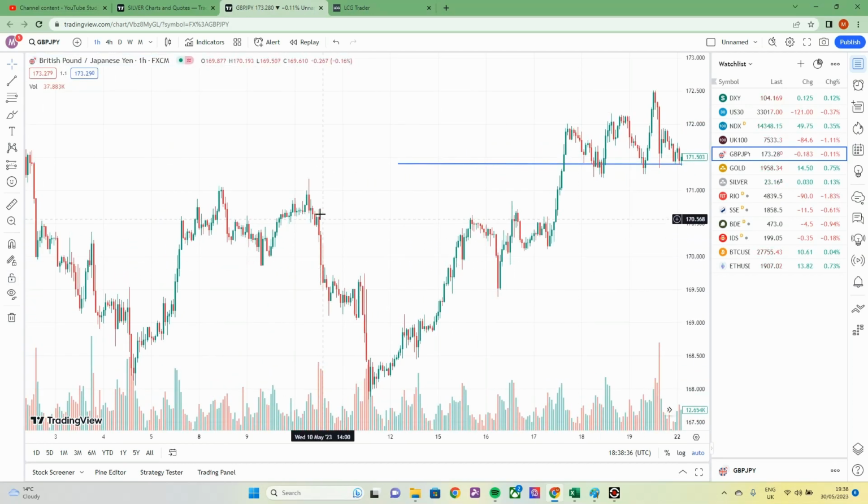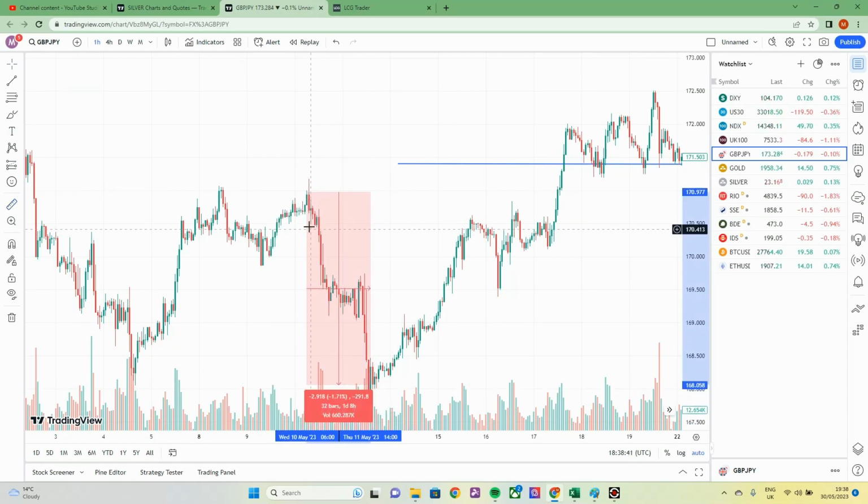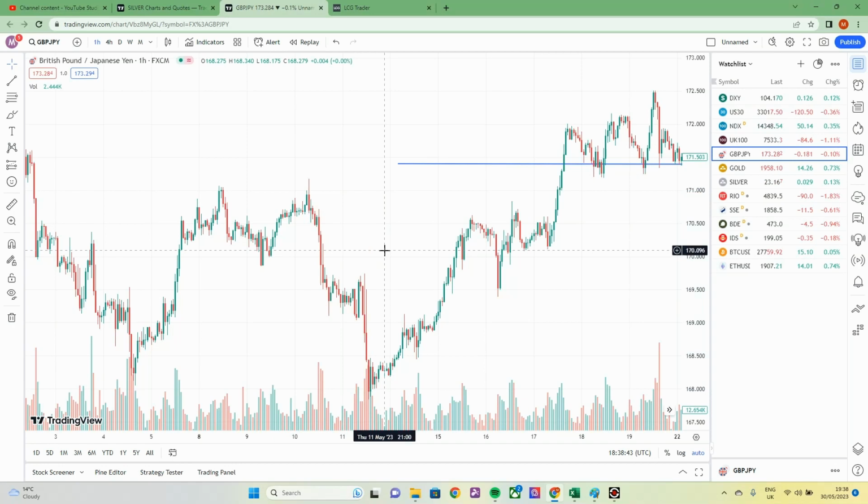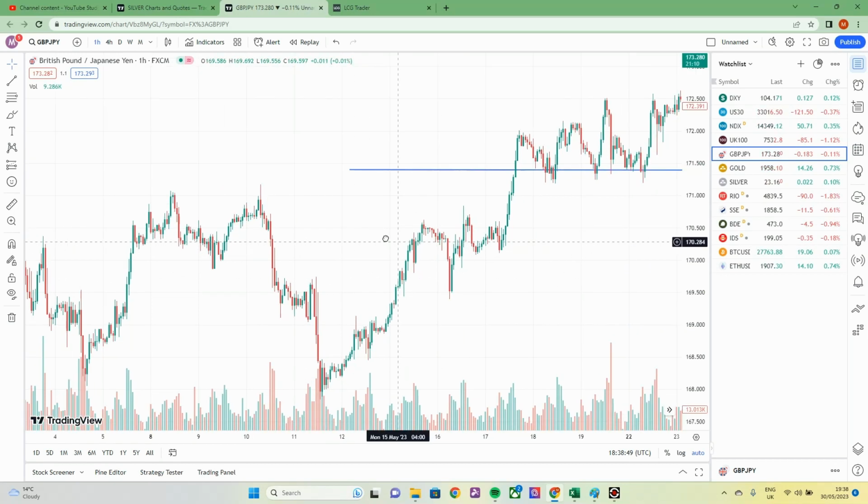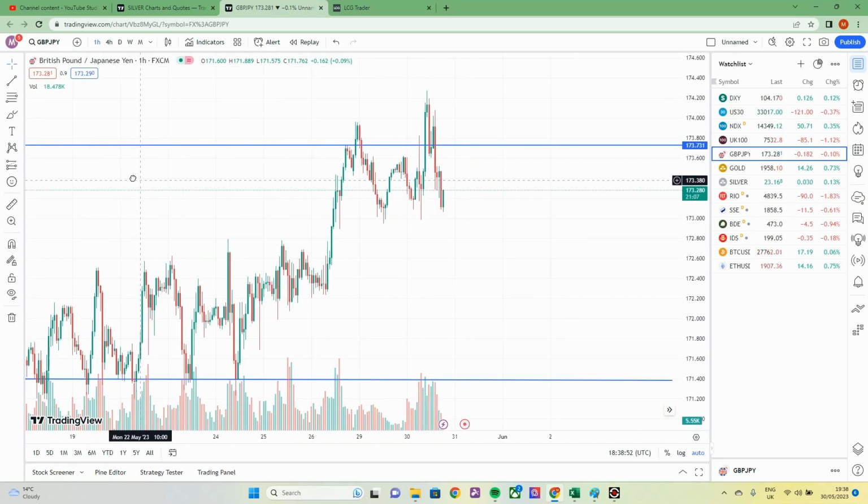The other one would be from here to here, and that is bearish. That means the markets are looking sad, it's going down, it's looking pretty bearish. So those are some more terms to think about.